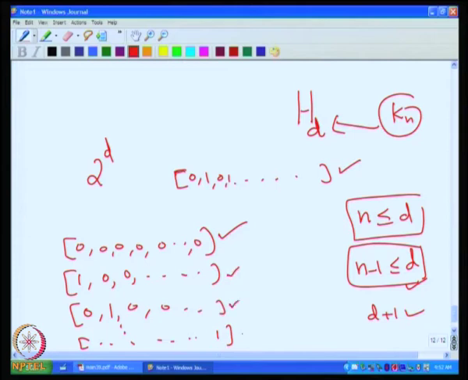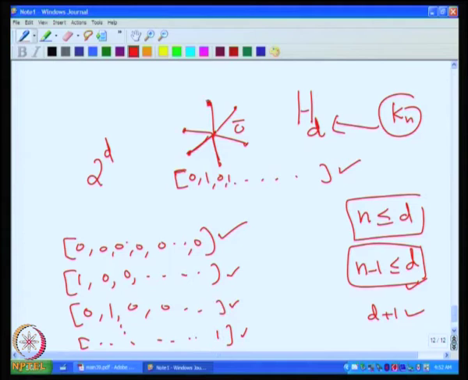So these are weight 1 vectors, and now I want to show that these vertices form a topological minor. Of course, the central vertex 0 0 0 is connected to all other d vertices, because the Hamming distance is just 1 for all of them.